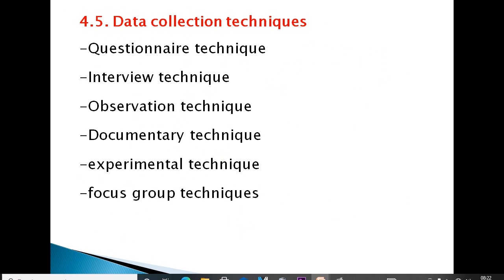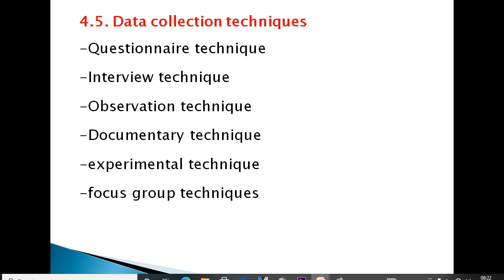Then after presenting the measurement and the scaling, the researcher presents what we call data collection techniques. We have numerous data collection techniques.